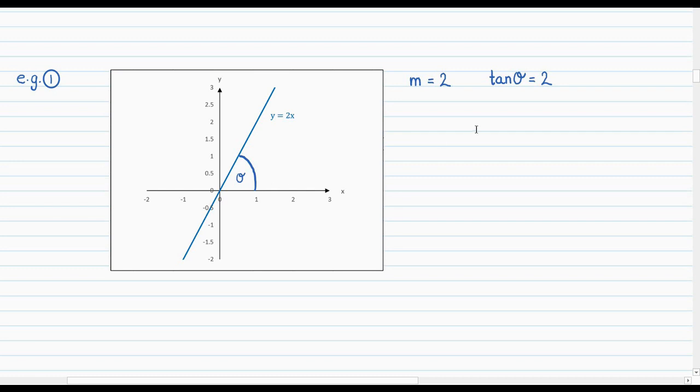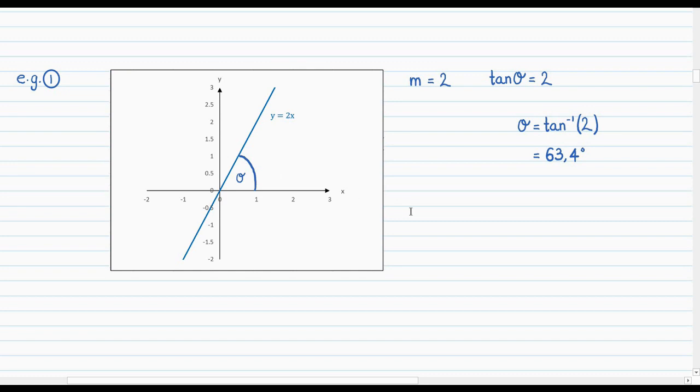And how you do that is by taking the tan to the other side and making it tan inverse of 2. So then theta will equal tan inverse 2. Then you just type that into your calculator and you end up getting the angle as 63.4 degrees, which falls between 0 and 90 degrees as expected, since we already knew the gradient has a positive value, and we could visually note that the angle is less than 90 degrees.